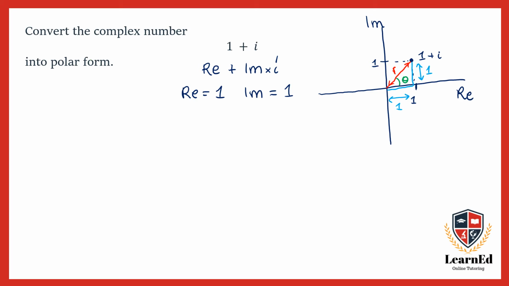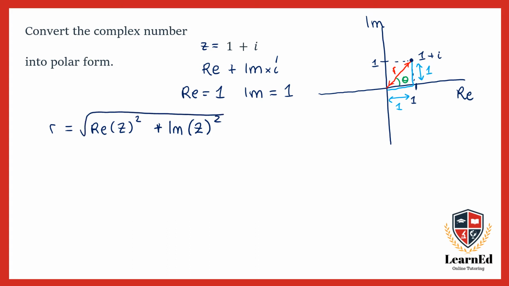There is a formula that you can learn: r is equal to, let's call our complex number z, the real component of z squared plus the imaginary component of z squared, all square rooted to give us the distance.